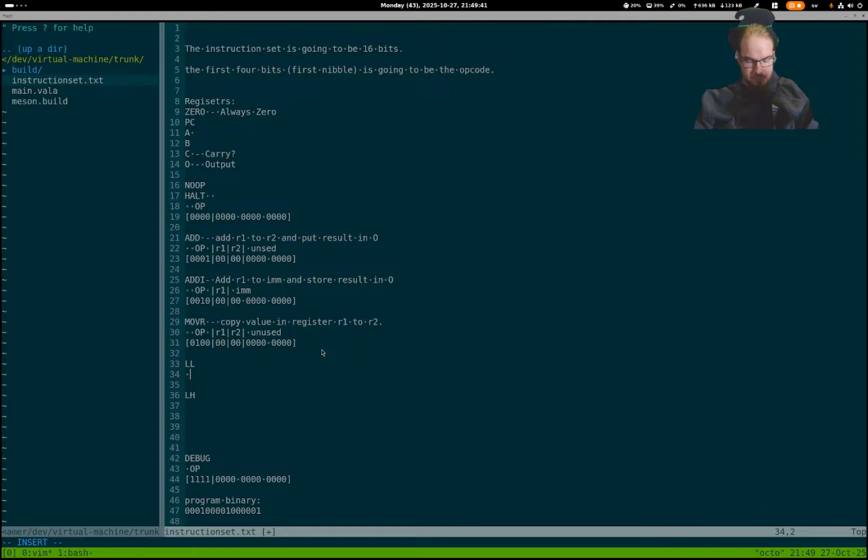So the op for that is, the register we need to load into, so it is R1. And then we need to have, then is unused, UU, unused.